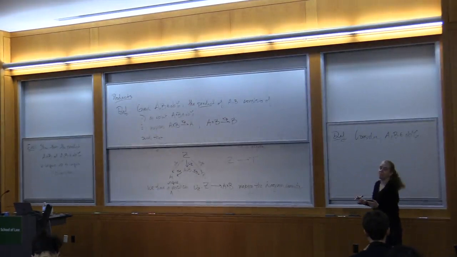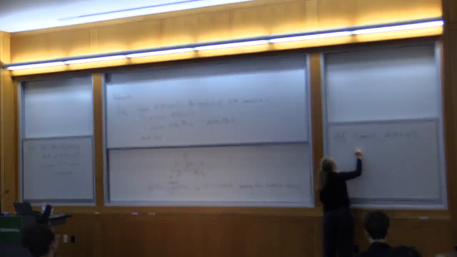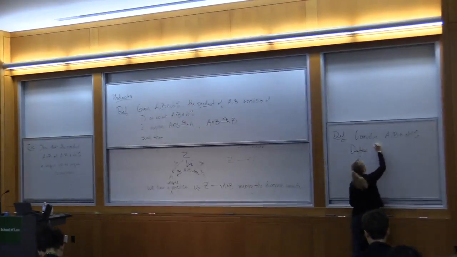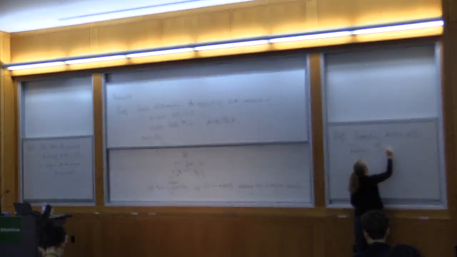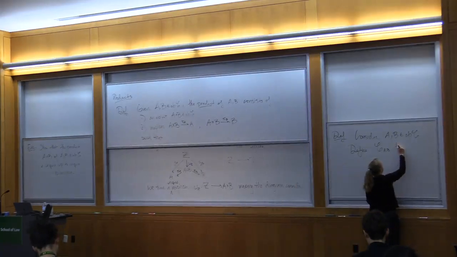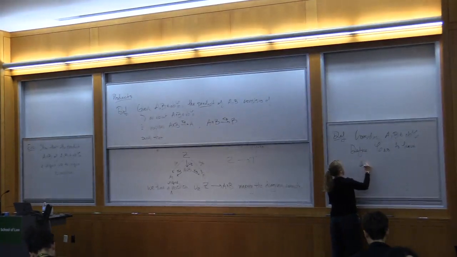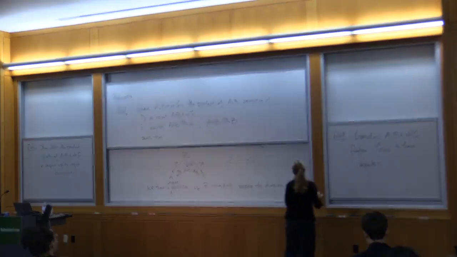And it's going to be an exercise for you guys to show that these two definitions are equivalent. So we have two objects, A and B. I'm going to define a category C_{A,B} to have objects.